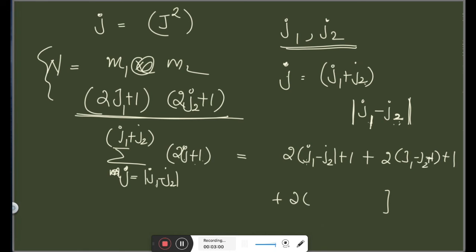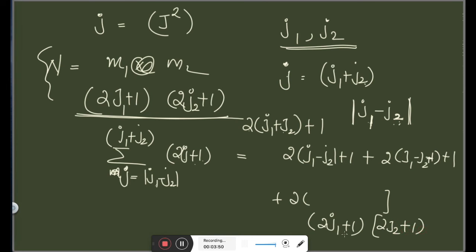2j1 plus 1. Now if I add up, you will get like minus 2j2 plus 1, minus 2j2 plus 3, and so on. So you'll get the sum up to 2 into j1 plus j2 plus 1, so the upper value will be 2j1 plus 2j2 plus 1.